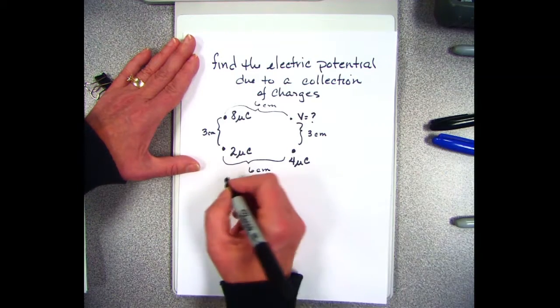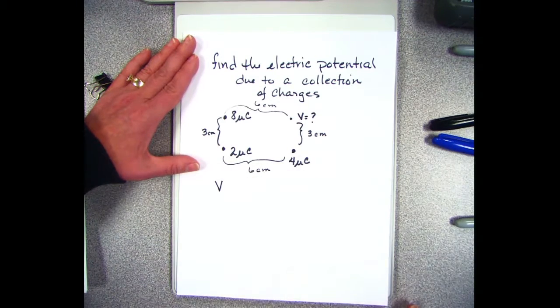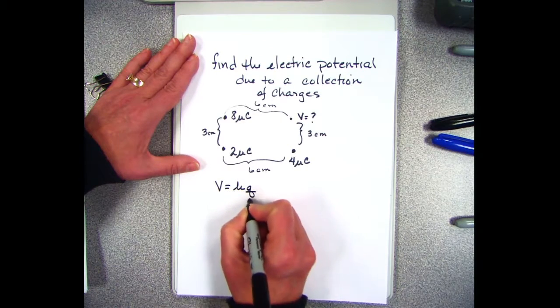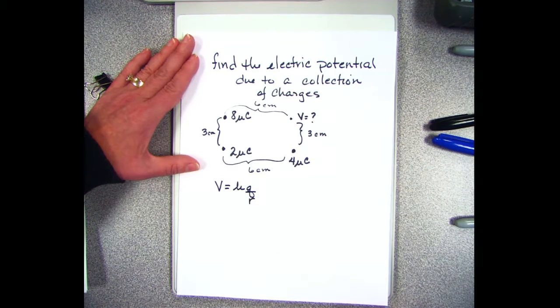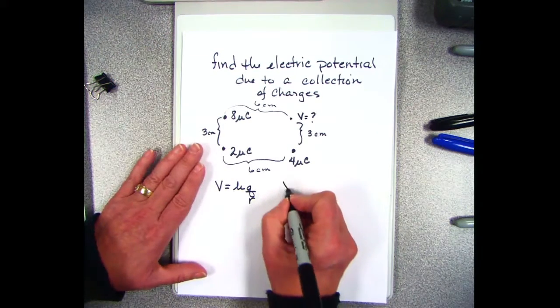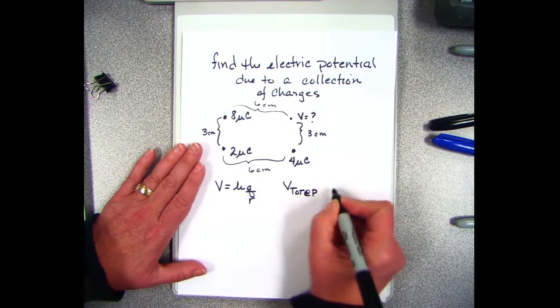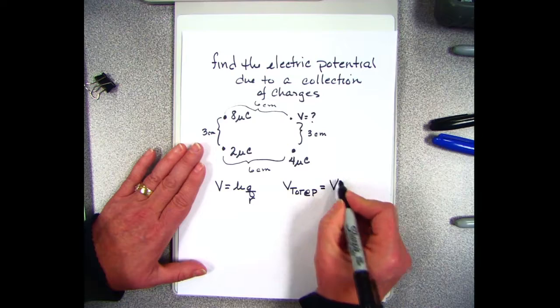My electric potential is a scalar value, but I can sum up the electric potentials just like I can sum up my electric fields. So my electric potential at P, the total at P, is going to equal the electric potential due to the 8 microcoulomb charge plus the 2 microcoulomb charge plus the 4 microcoulomb charge.